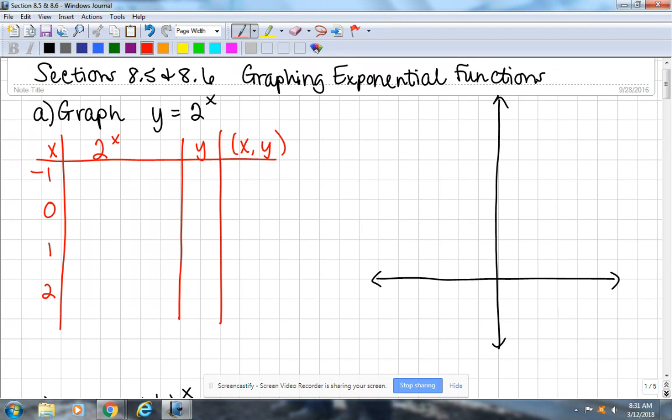Now we're going to need to know our exponent rules, and they are still on the board from last week. So the first number I'm plugging in for x is what? Negative 1. So 2 to the negative 1 power. How do we evaluate 2 to the negative 1 power? What do we do with negative exponents? It's on the board.